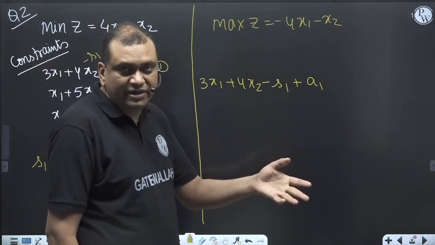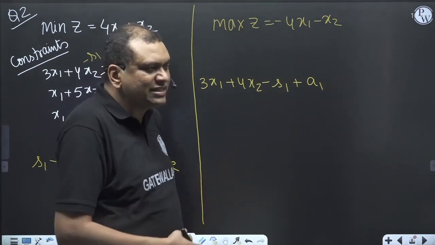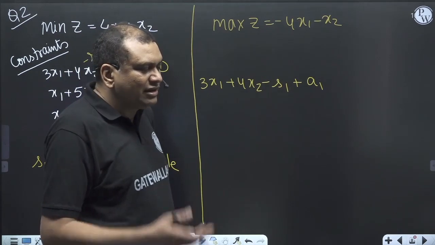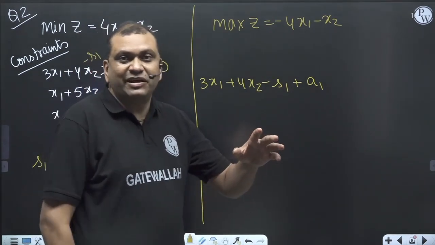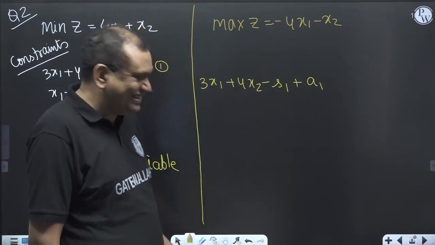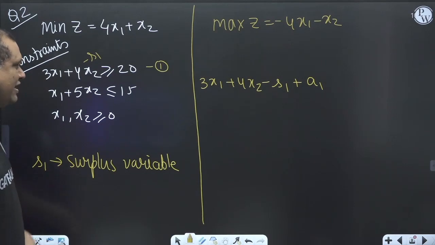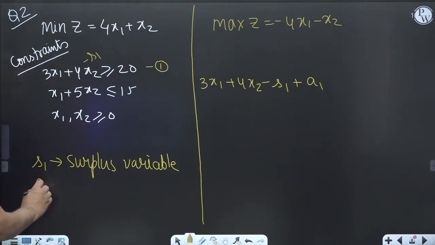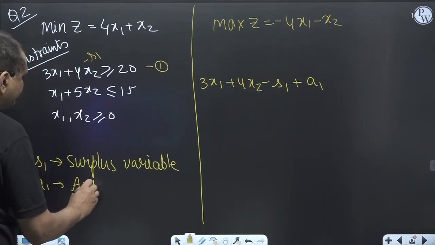We have to put a limit on the feasible region. Otherwise, there are some details in it. Maybe in the regular classes we will introduce them. Here our target is to somehow capsule the course for GATE. So whenever a surplus variable comes, one artificial variable will also come with it.